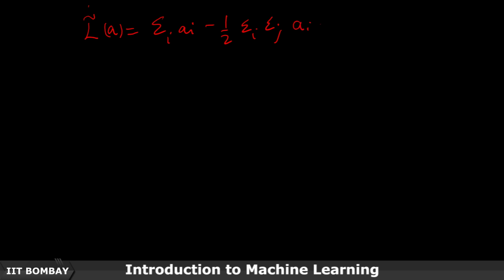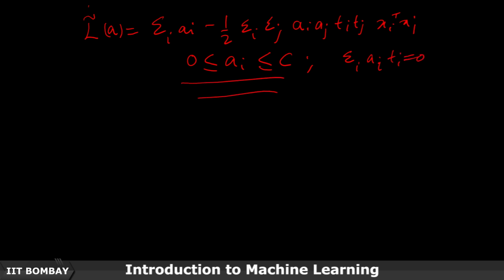We are going to get Ai Aj Ti Tj, similar to what we had for the hard SVM, Xi transpose Xj, and the condition that we will get is 0 is less than or equal to Ai is less than or equal to C, and we will also get the sum of Ai Ti equal to 0. These conditions that A can only be between 0 and C are called box conditions. So A is boxed into 0 and C.